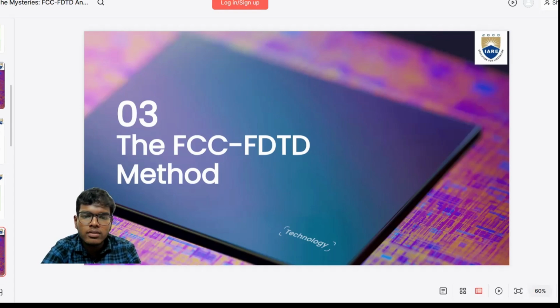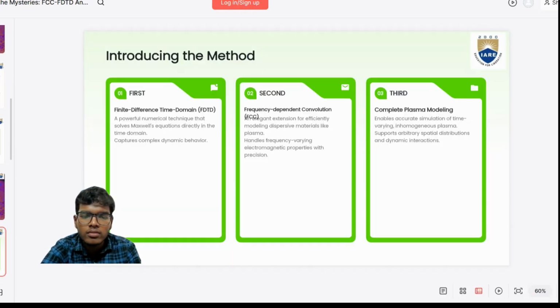Mathematical formulation, the FCC FDTD method. The first is the finite difference time domain, a powerful numerical technique that solves Maxwell's equations directly in the time domain, capturing complex dynamic behavior.